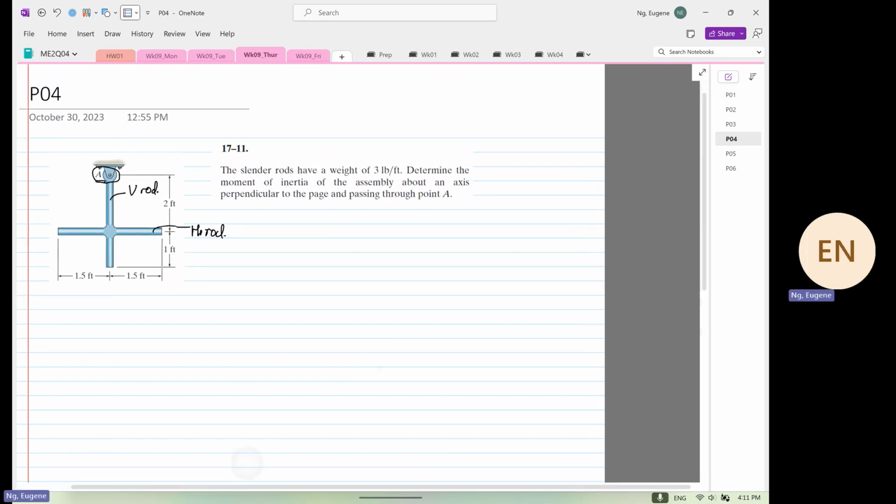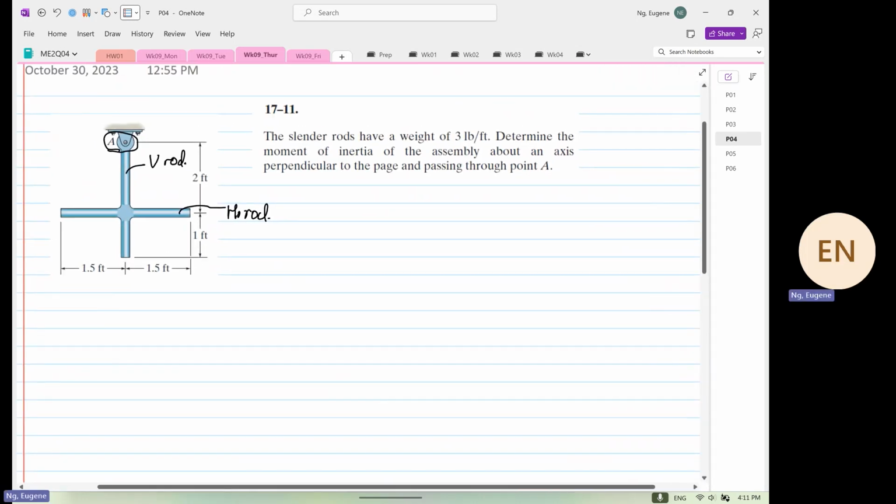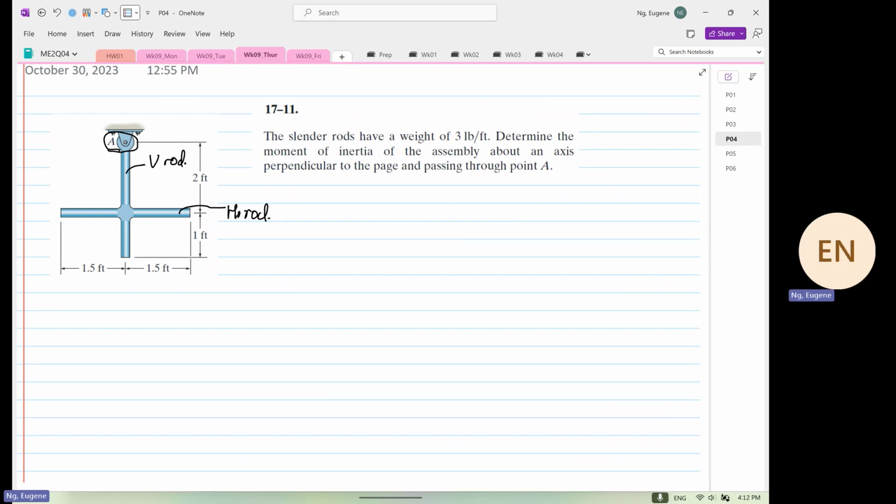The part that we're interested in is that the axis goes into the screen. So you write down here member.